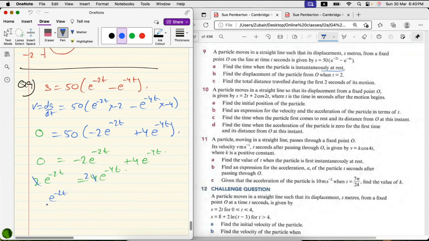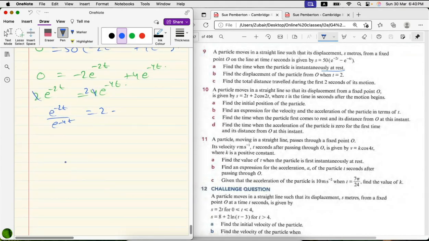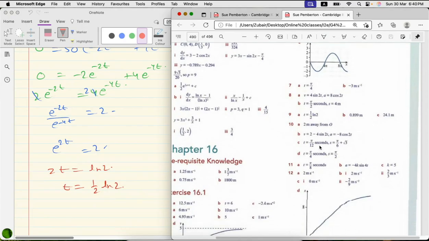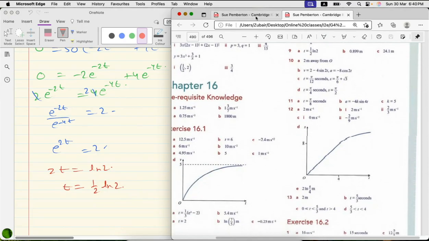E raised to minus 2t over e raised to minus 4t is equal to 2. Subtraction: e raised to power 2t is equal to 2. 2t is equal to ln 2. T is equal to 1 by 2 ln 2. 9a: t is equal to 1 by 2 ln 2.